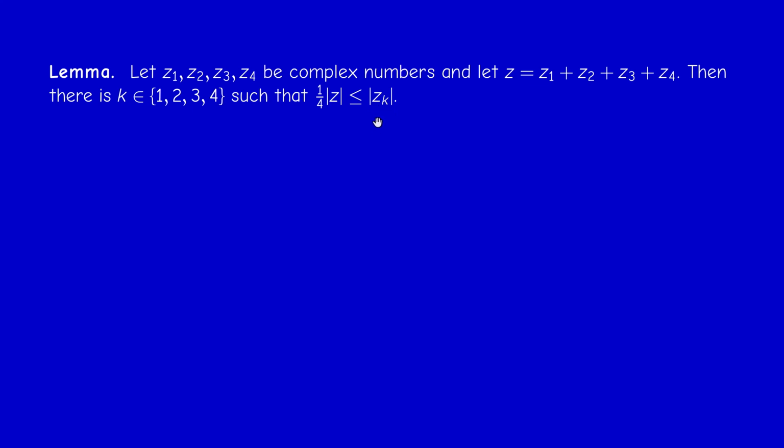So one of these four numbers in modulus is at least as great as 1/4 of the modulus of the total sum. Or if you like, |z| ≤ 4|zk|.